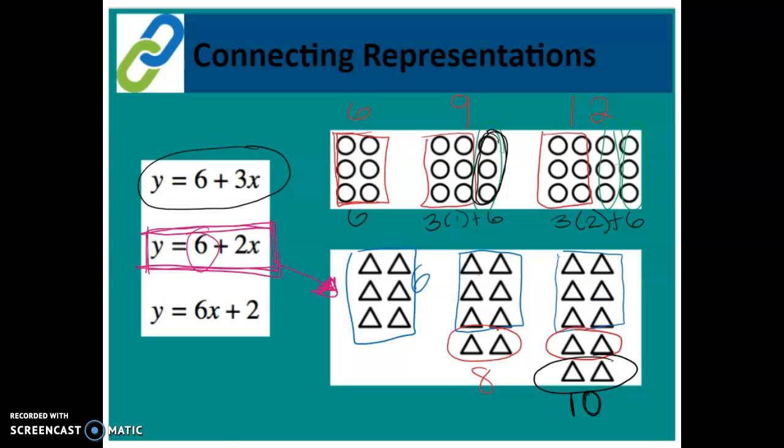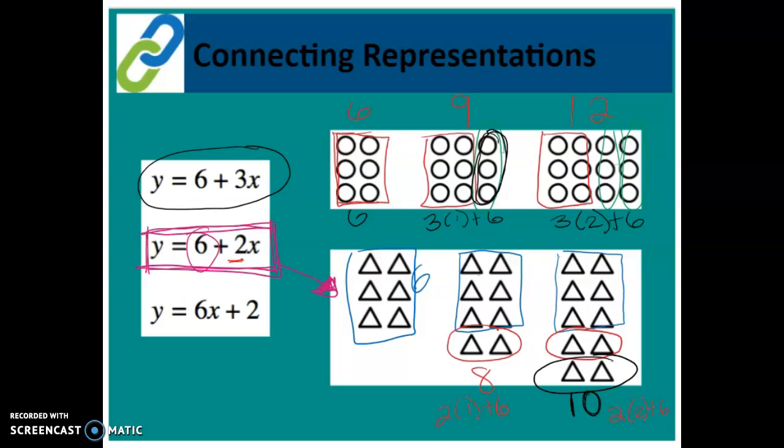Each time I'm increasing my triangles, I'm adding 2 more, or multiplying by 2. So this essentially is 2 times 1 plus 6, 2 times 2 plus 6, because I have 2 sets of 2 triangles each time.